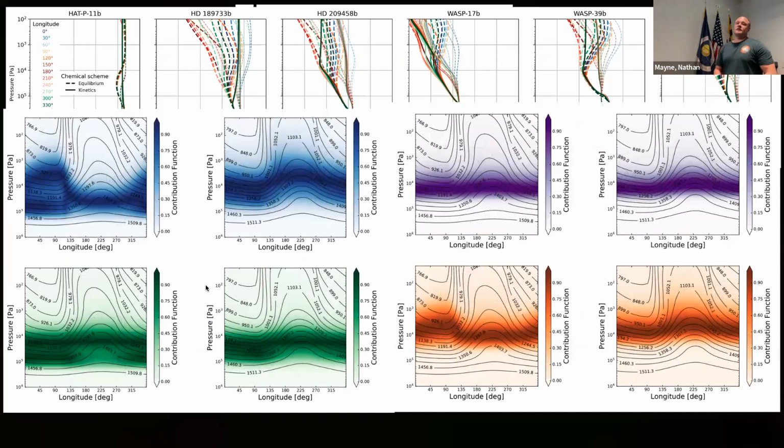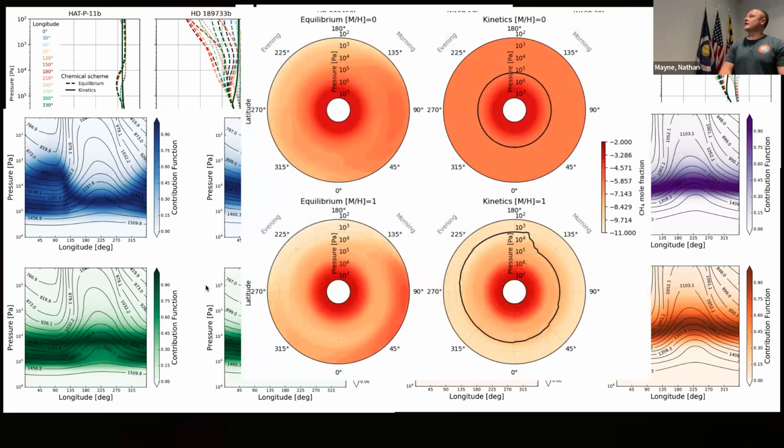These are contribution functions, so where the photons are coming from for infrared wavelengths with equilibrium at the bottom and kinetics at the top. And basically the point to take home is these are different. The photons are coming from different locations because of that mixing. And that means that you're getting different pressure surfaces around the planet. So just a little kind of cautionary note.